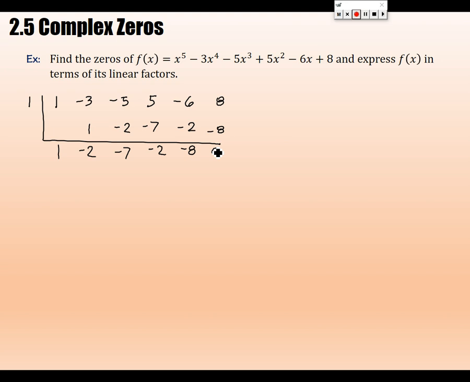All right, good. Let's summarize where we are each time. You don't have to do this, but I think it's helpful for me at least to see what progress we've made. X minus 1 times x to the 4th minus 2x cubed minus 7x squared minus 2x minus 8. Okay, good. We're chipping away at this thing. Now we've got a quartic in our lives.